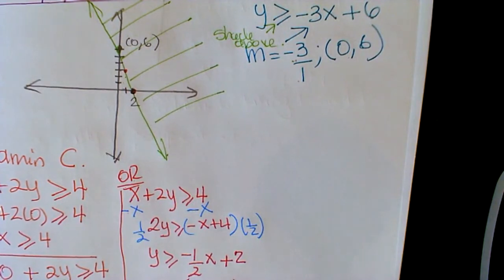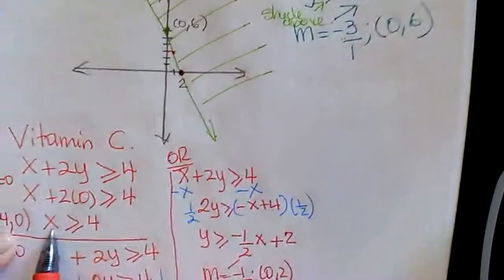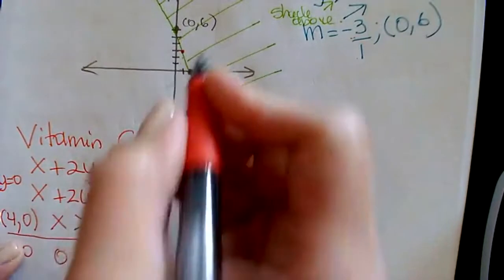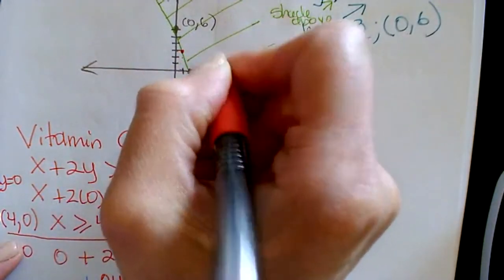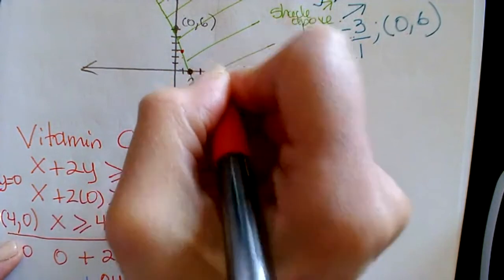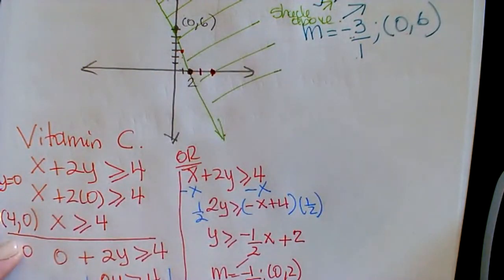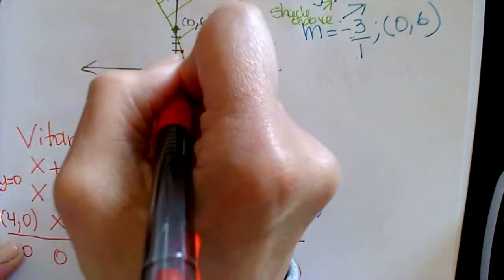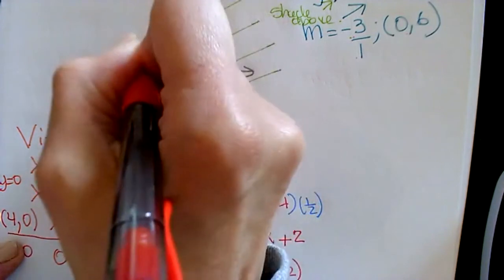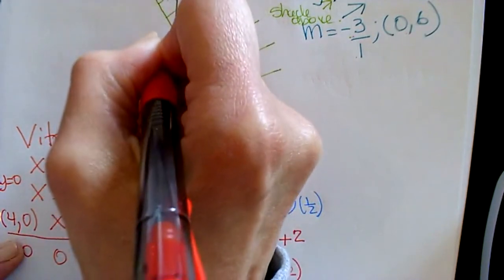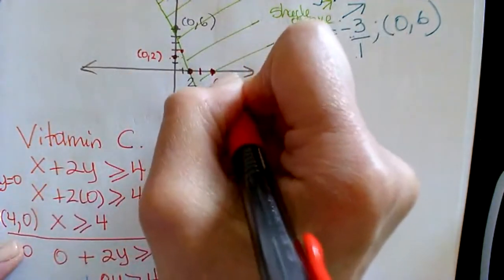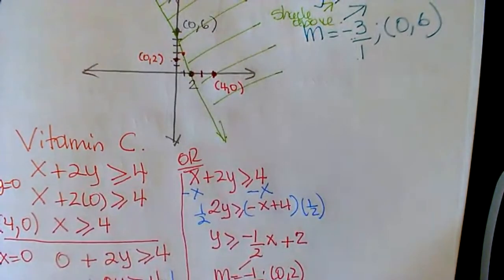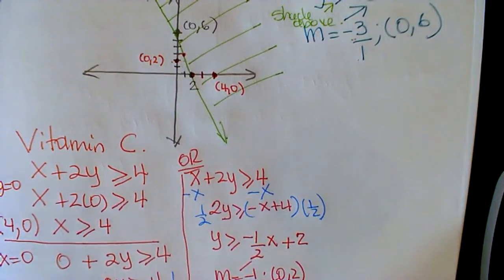And we have another point, which is 4, comma 0. So it's 1, 2, 3, 4. Oh, I'm sorry, 0, comma 2. So it's over here. So we have this one and we have 4, comma 0 for this one. So it's going to be a line.